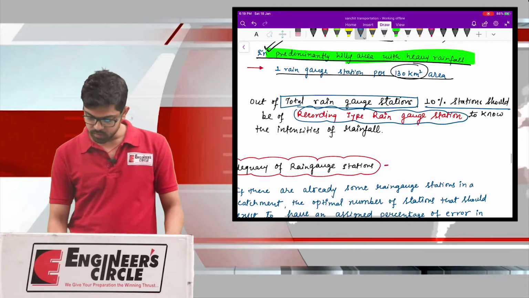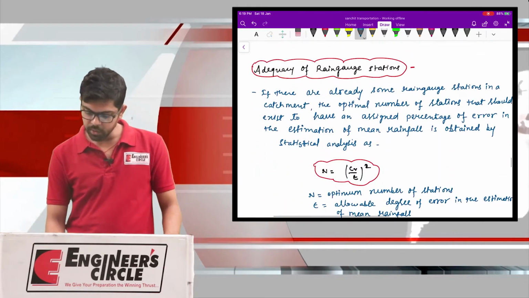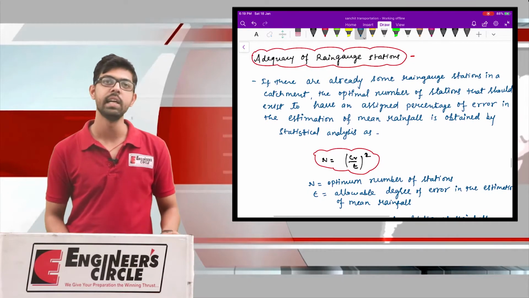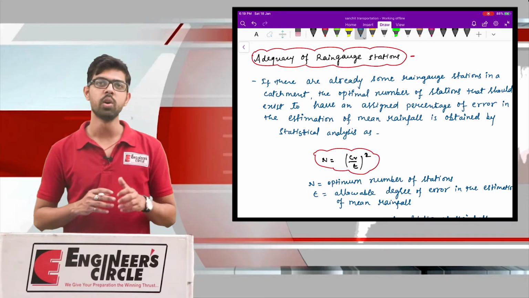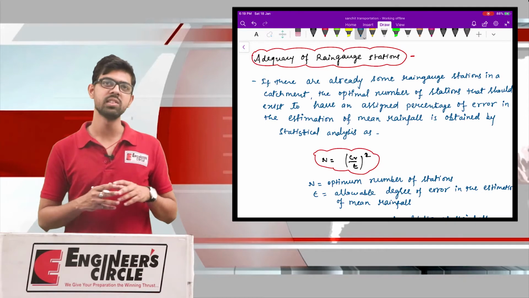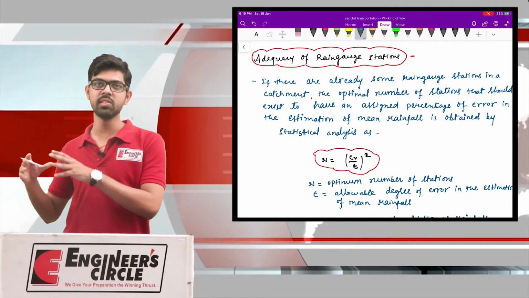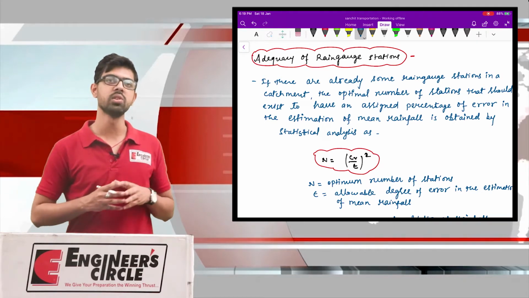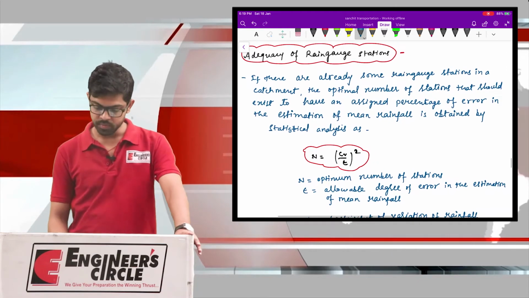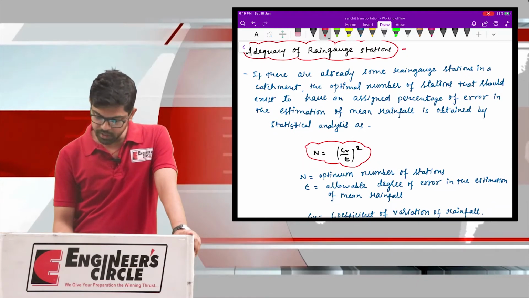Now, the adequacy of the rain gauge stations. Adequacy represents what number of rain gauge stations is adequate for the measurement of a certain rainfall in order to have a correct estimation of the rainstorm.